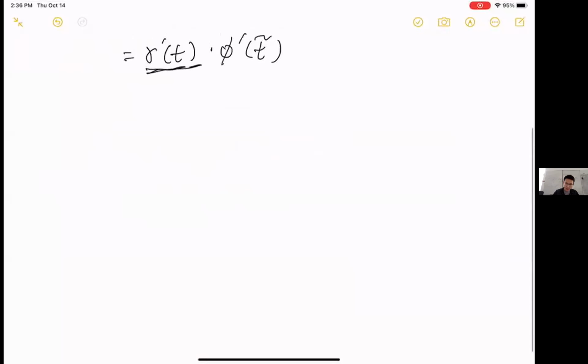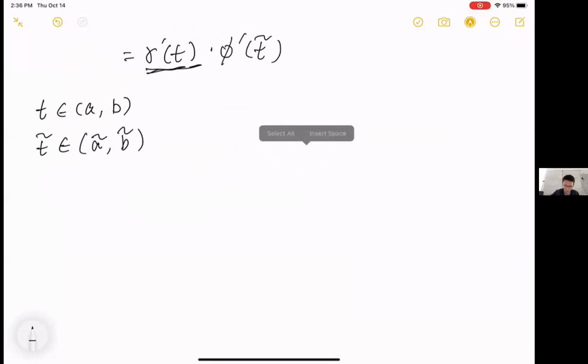Then let's compute the arc length of our curve using different parameterizations. We have the first parameter t, which changes from A to B. We have our second parameter t tilde, which changes from A tilde to B tilde.